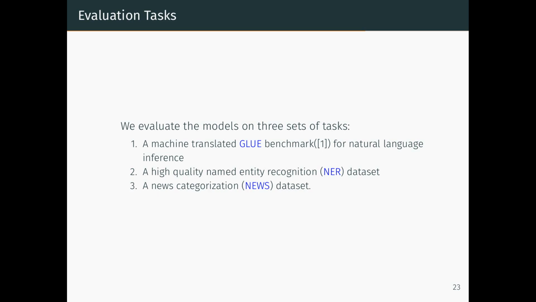The second task is the Kinyarwanda named entity recognition benchmark, which is a high-quality data set that was annotated by trained native speakers. The third one is a news categorization task, where we pull news articles from several websites, collect their categorization tags that were assigned by the authors, and then try to predict the same categories.